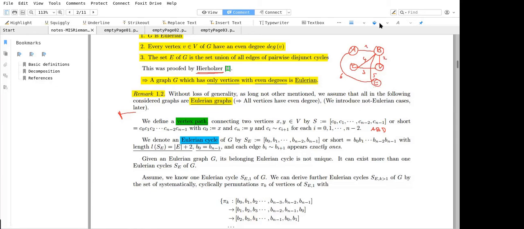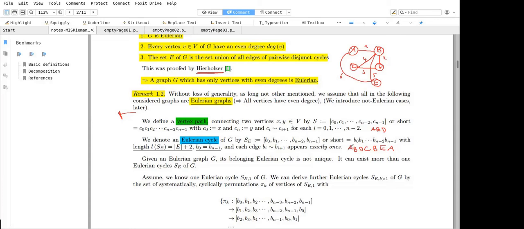So if we would write down this path now, we start at A to B to D to C to B, E, and A. So we see that each edge which we have appears exactly once.